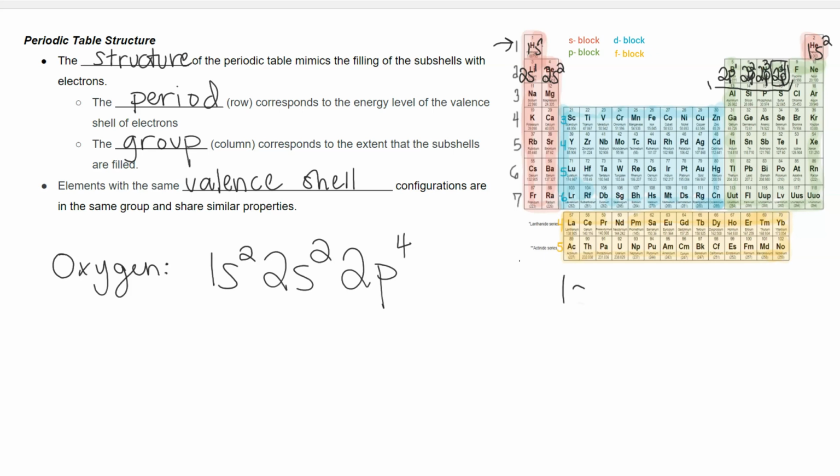And if we write out the chart that we've been using, this should be 2s2, 3s2, and then 2p6, 3p6. I can draw this chart out.